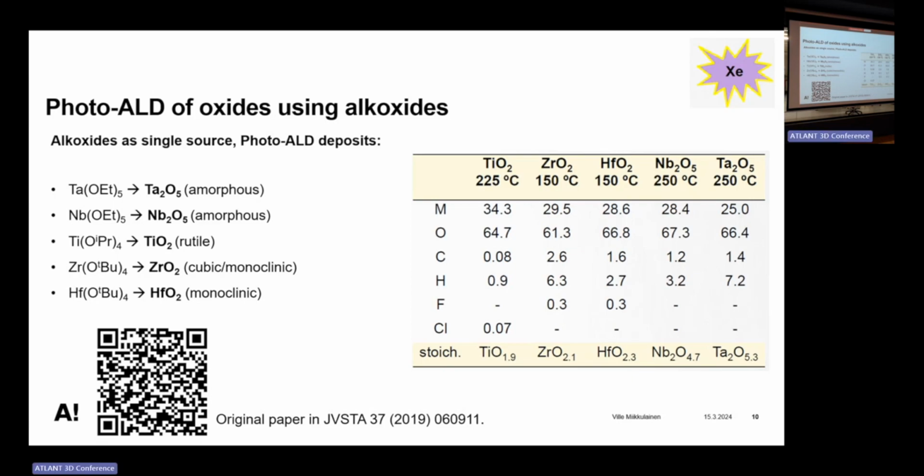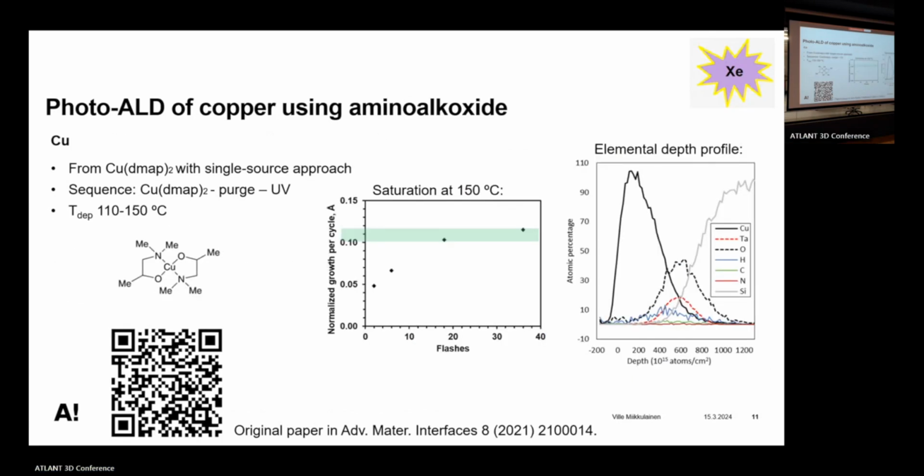And here's the QR code if you want to scan it and check the original paper. You can find more details there. And then we also deposited copper using an amino alkoxide precursor with a similar single source approach.